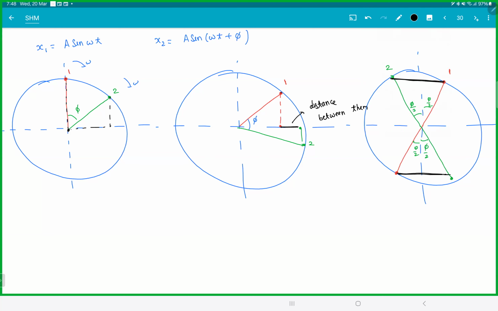This is the maximum you can get. So max distance occurs when both the particles are exactly on either side of the vertical line. When particles are on either side of the y-axis.